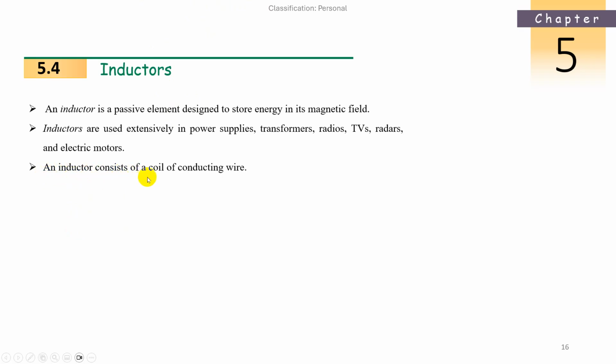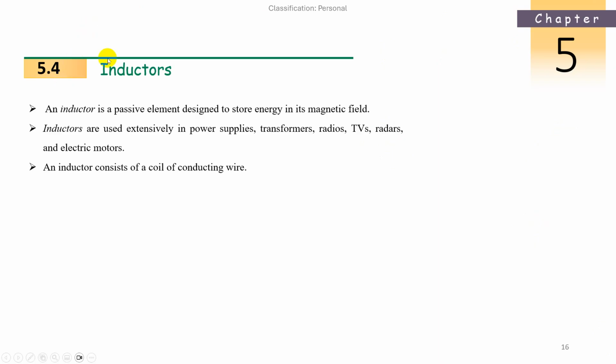An inductor consists of a coil of conducting wire. An inductor is nothing but a coil, that is, a wire rotated on a material, maybe iron or some different type of material, or an air core also. Just rotating a wire in air and connecting some supply, it will pass a current, and due to Ampere's law the current develops a magnetic field.